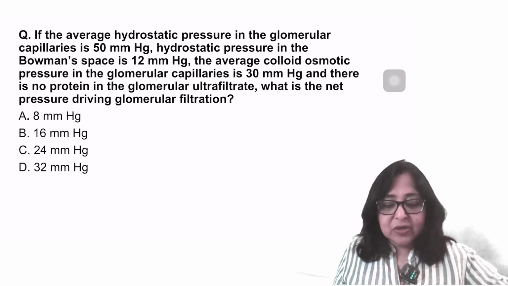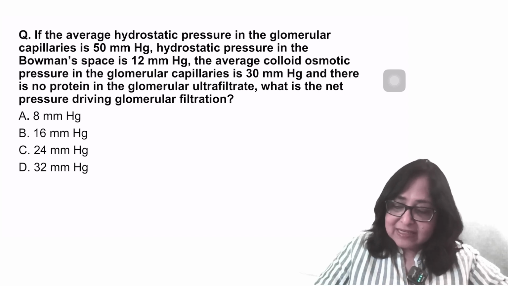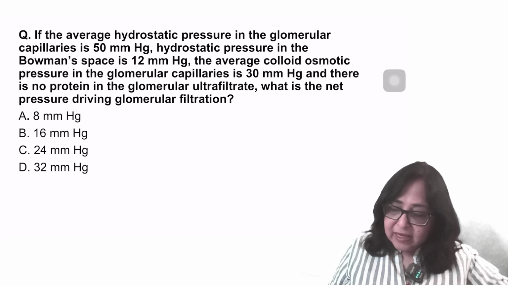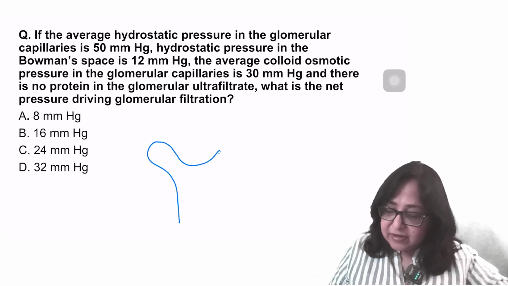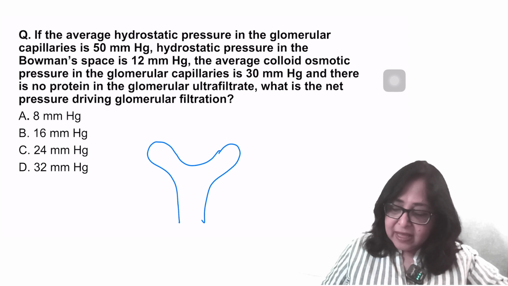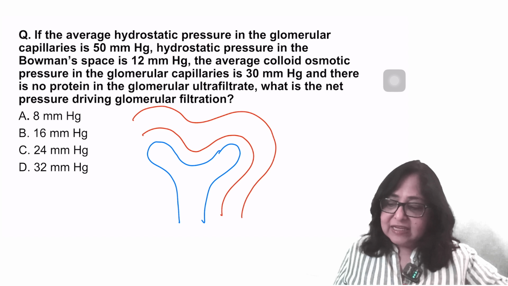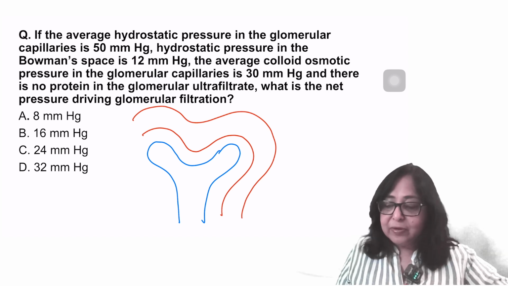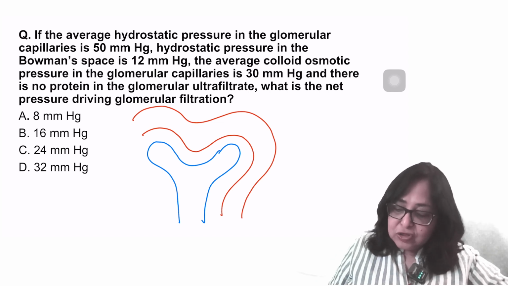Let's have a look at the next question. If the average hydrostatic pressure in the glomerular capillaries is 50 millimeters of mercury, the hydrostatic pressure in the Bowman's capsule is 12, and the average colloid osmotic pressure in the glomerular capillaries is 30.